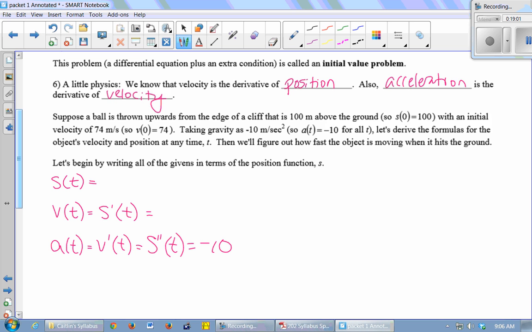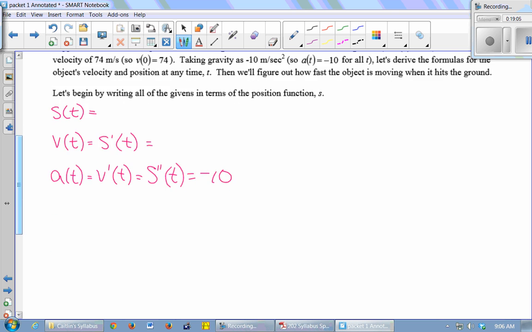And yeah, you figure out what c is, which is good. But you can write plus c for now. So this would be negative 10t plus some constant c. Right, I just took an antiderivative. I know acceleration is the derivative of velocity. So if I know acceleration, to get velocity I take an antiderivative. But then I have to have the plus c there because there are an infinite number of antiderivatives.